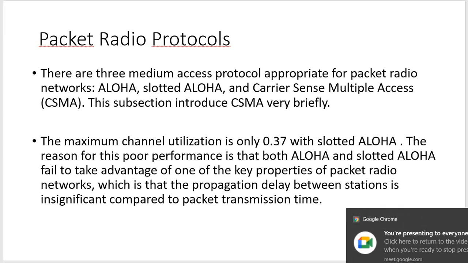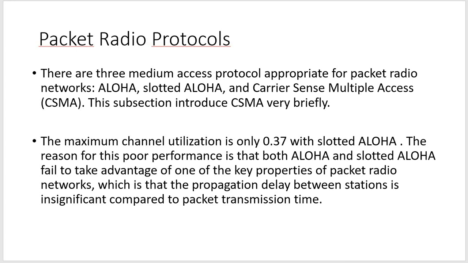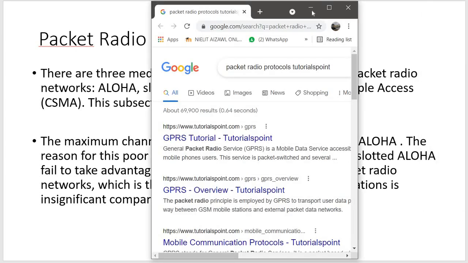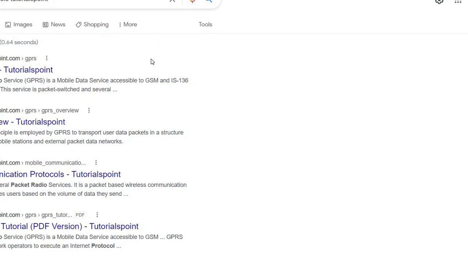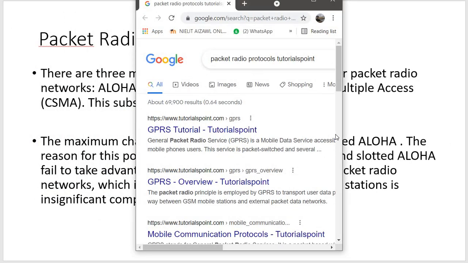Packet radio protocol. This is very important in wireless communication. In this packet radio protocol, we have different types of protocols.